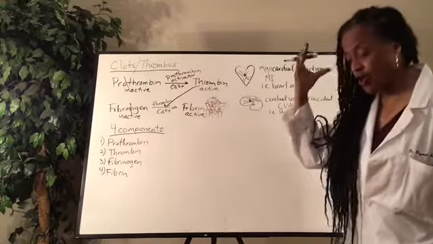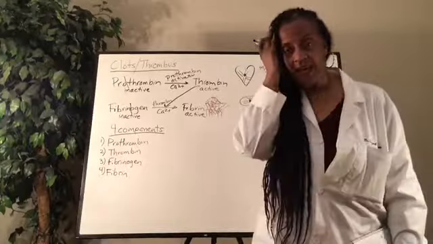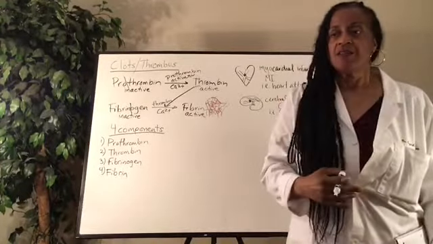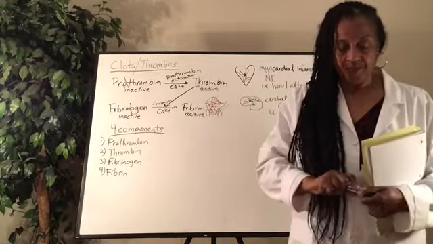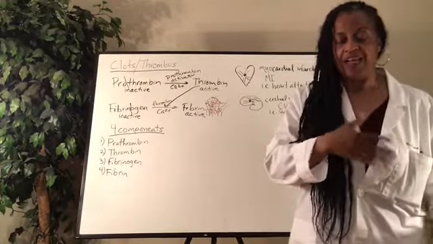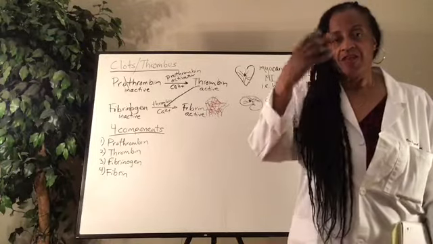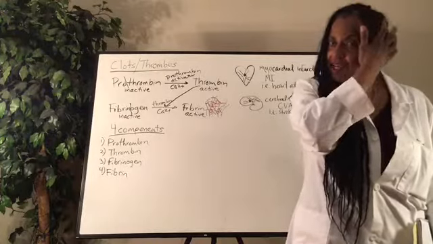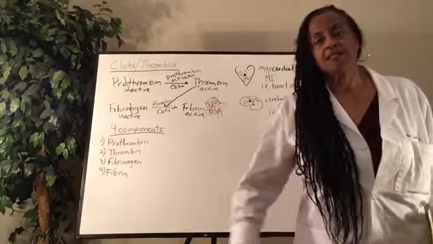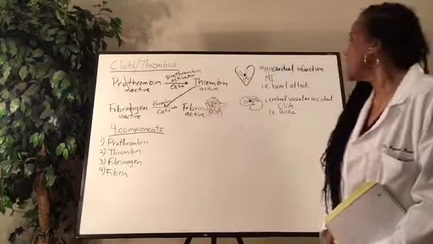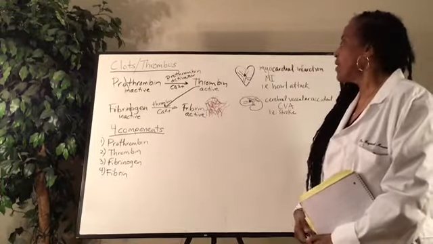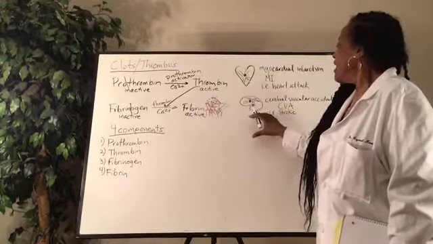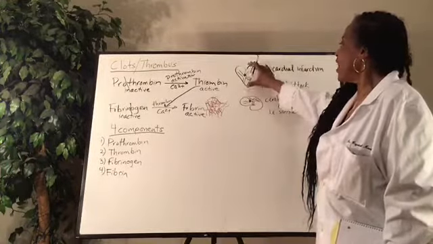So if the stroke is occurring on the right side of the brain, then the left side of the body will be numb. If the stroke is occurring on the left side of the brain, then the right side will be affected. Okay, it's the way the nerves are in the brain, how they cross, or the commissures. So here's the heart, the brain.